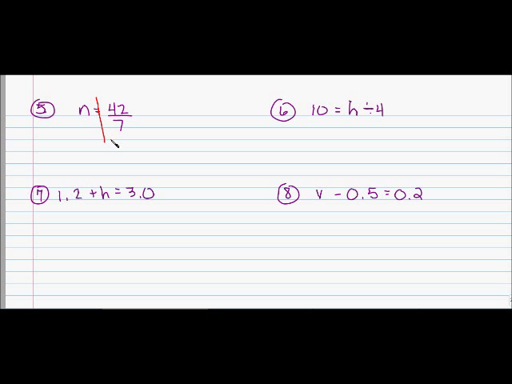When you have a variable all alone, you don't have to do opposites. Isn't that wonderful? So I don't even really need a line there. Go ahead and put my equal sign back. And all I have to do is solve.